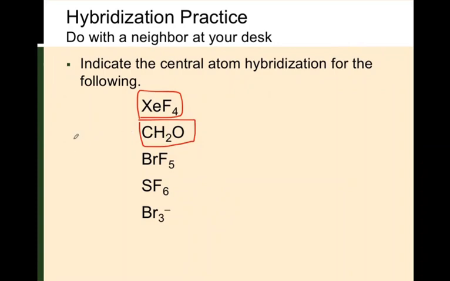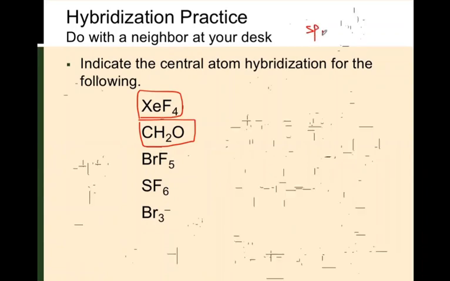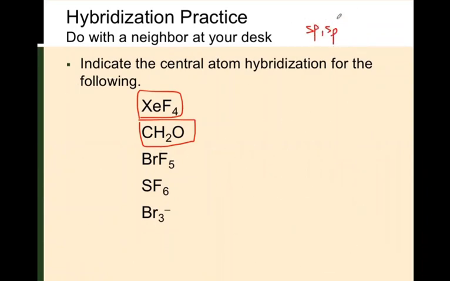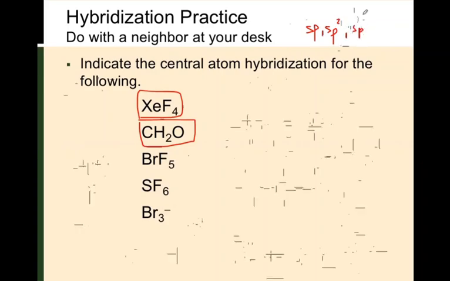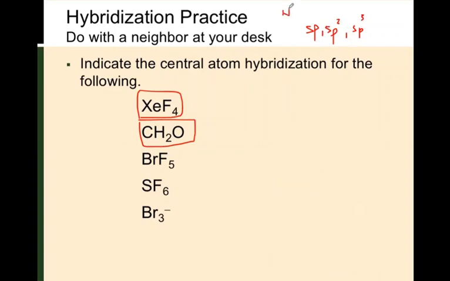It's easier. Just carbon. So for formaldehyde, this one, give me a couple of minutes. Try and find out the central atom hybridization for the following. So remember that in the first row, the hybridization can only be sp, sp2 or, sorry, sp3 hybridized, and n is less than or equal to 2.